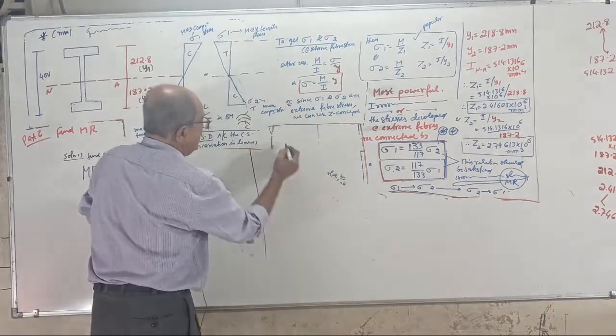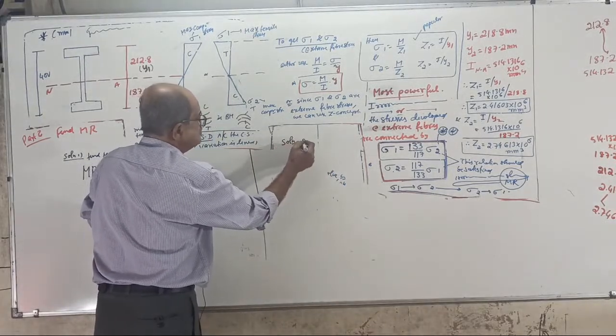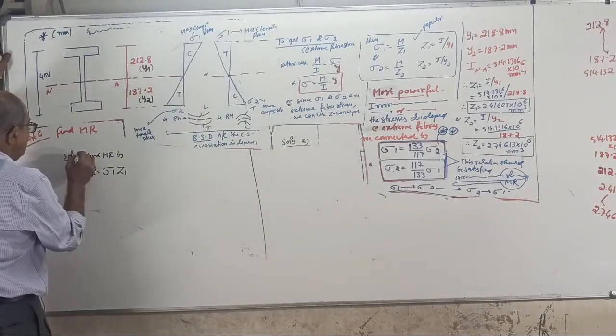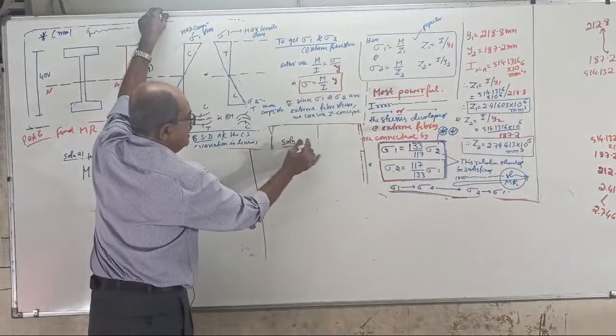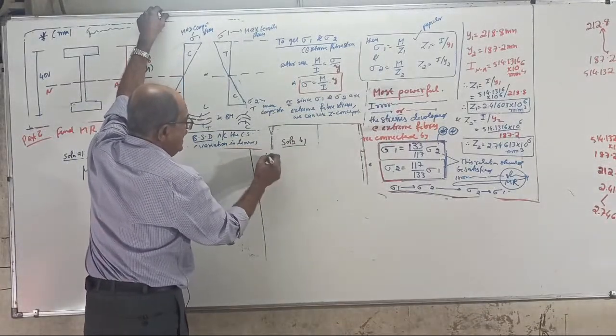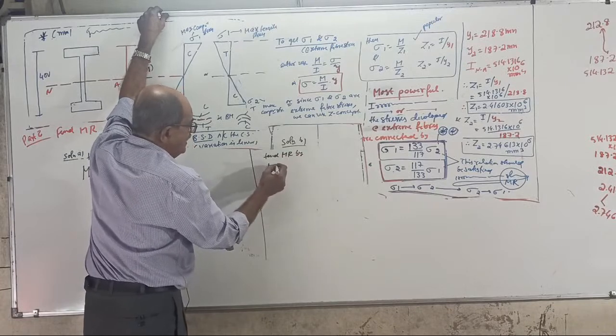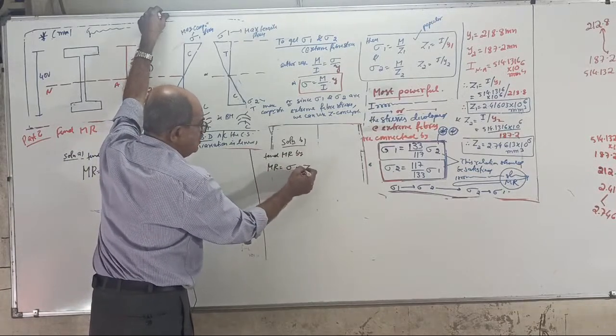See, space is there. Solution 2. Solution 1, solution A. Sub-solution, solution B. For the first question, find MR by the equation MR equal to sigma 2 into Z2.